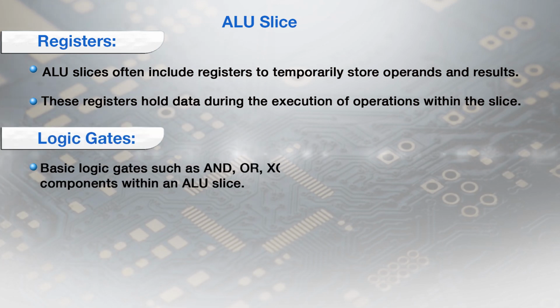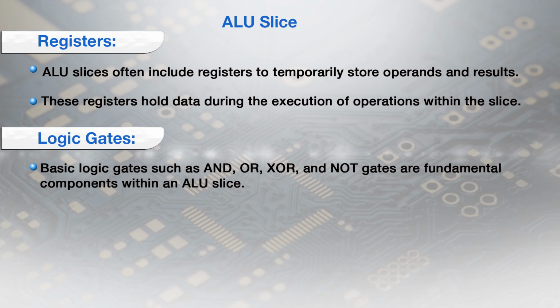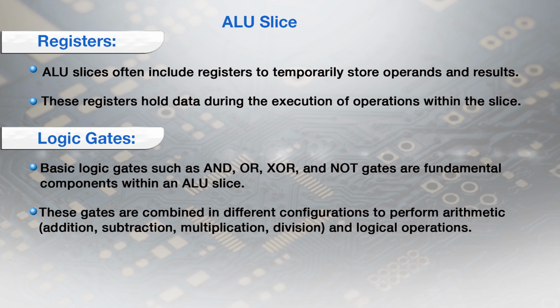Logic gates: basic logic gates such as AND, OR, XOR and NOT gates are fundamental components within the ALU slice. These gates are combined in different configurations to perform arithmetic operations like addition, subtraction, multiplication, division and logical operations.